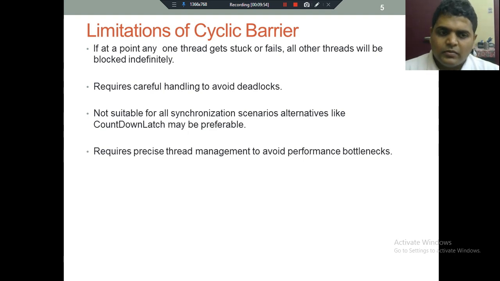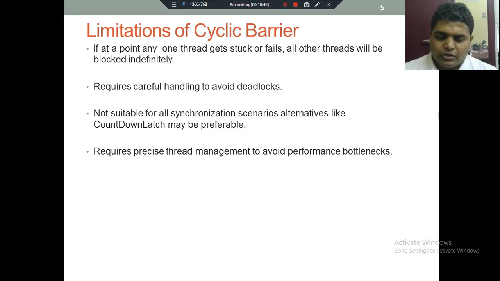If you consider the performance, the threads need to be handled effectively, and the performance will take a cost, because all the threads are executed in a synchronized manner. So definitely the execution will be slower compared to other approaches. You have to handle all the scenarios carefully to avoid performance bottlenecks.